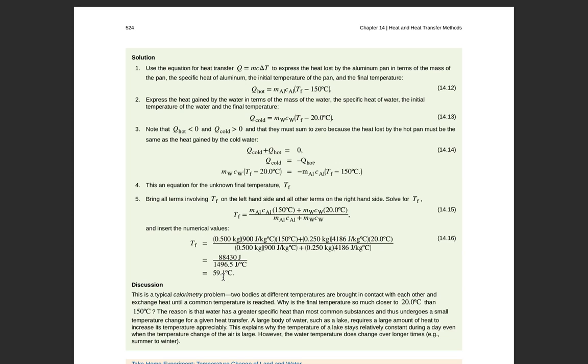If you were to get something like 200 degrees C or 0 degrees C or whatever, something out of that range, then there was a miscalculation somewhere. And if you were to plug in that 59.1 back into these two respective equations, then you should see that the Q cold is going to be a positive number and the Q hot here is going to be a negative number. So that still follows these two rules that we put forth at the beginning.